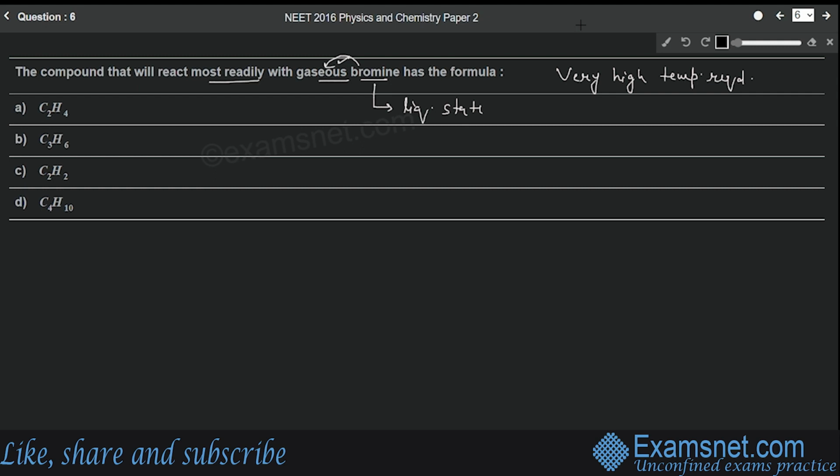And at this high temperature what type of reaction will take place? Free radical substitution reaction will take place, and the rate or the reactivity of this reaction will depend on the stability of the free radical.